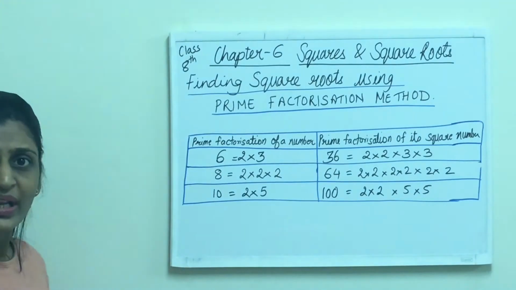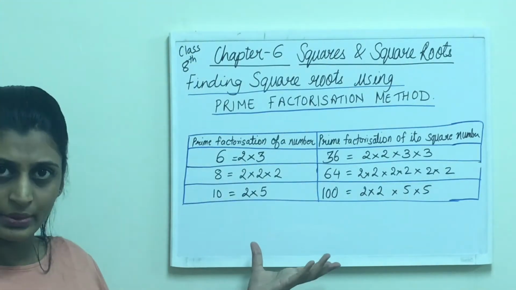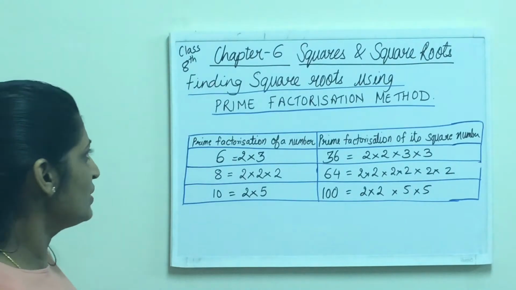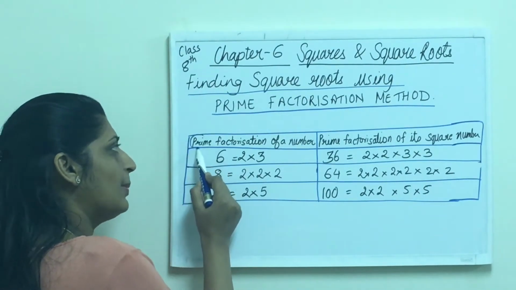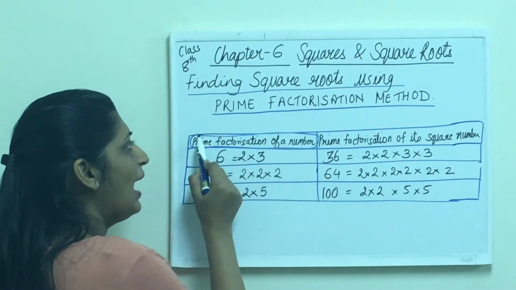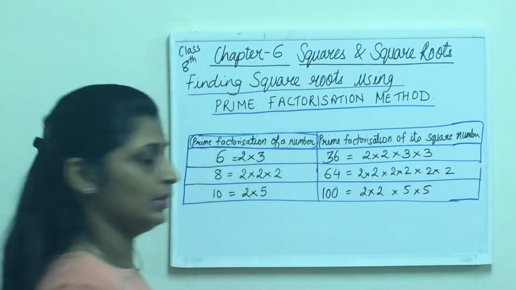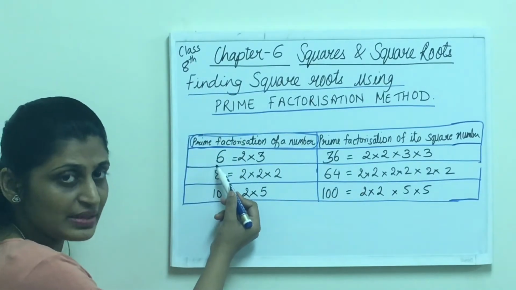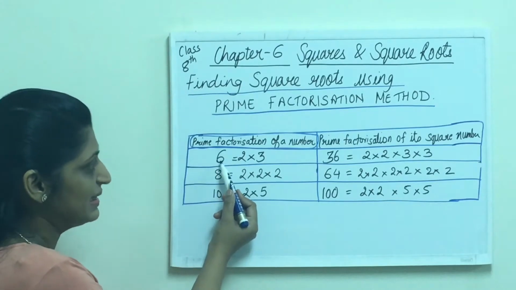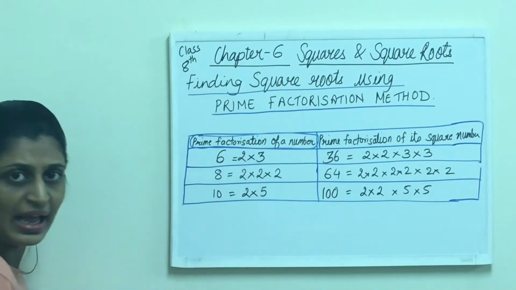As you can see on my board, I have made a table which shows the prime factorization of a number and the prime factorization of its square number. Suppose I have taken the number 6, and its prime factorization is 2 times 3, as you all know.